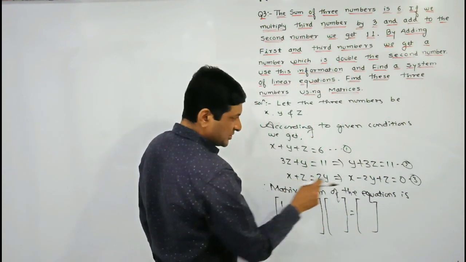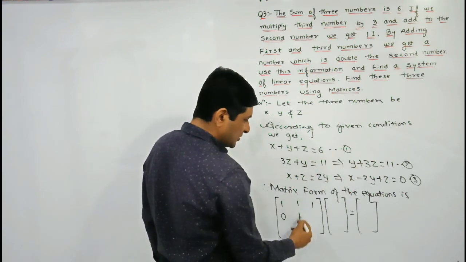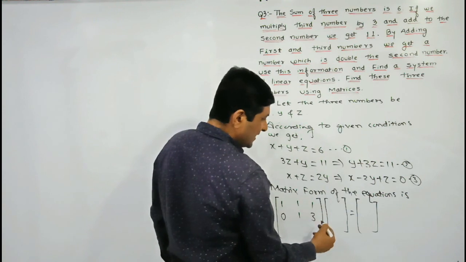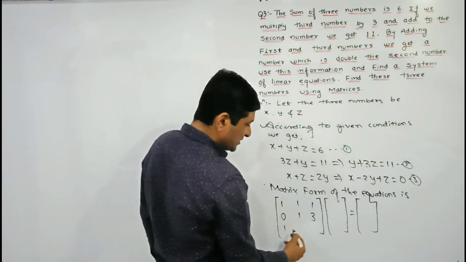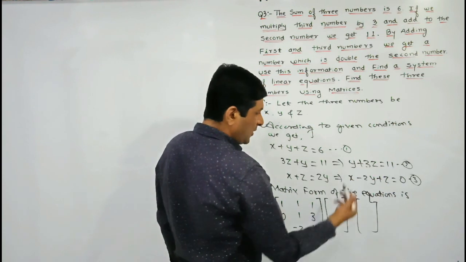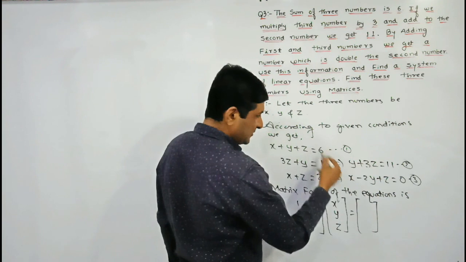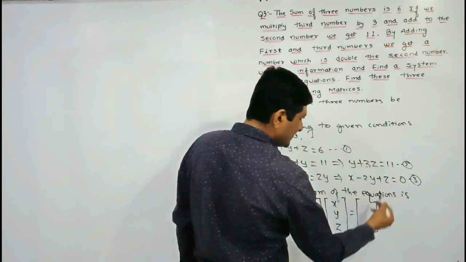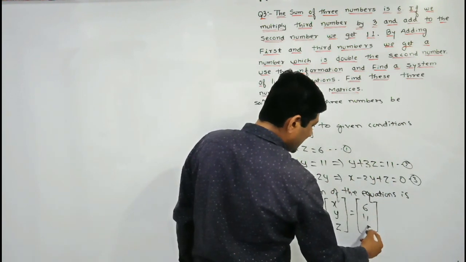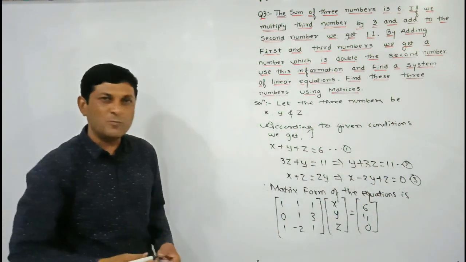In the second equation, the term of X is absent, meaning its coefficient is 0, the coefficient of Y is 1, and of Z is 3. And in the last equation the coefficients are 1, minus 2, 1. In the second matrix we collect the variables, and on this side we write the constant terms, that is 6, 11 and 0. Simply, we have converted the first, second and third equations into matrix form.